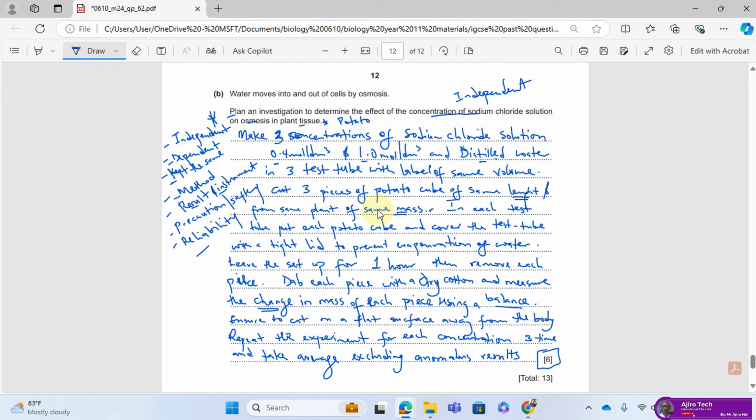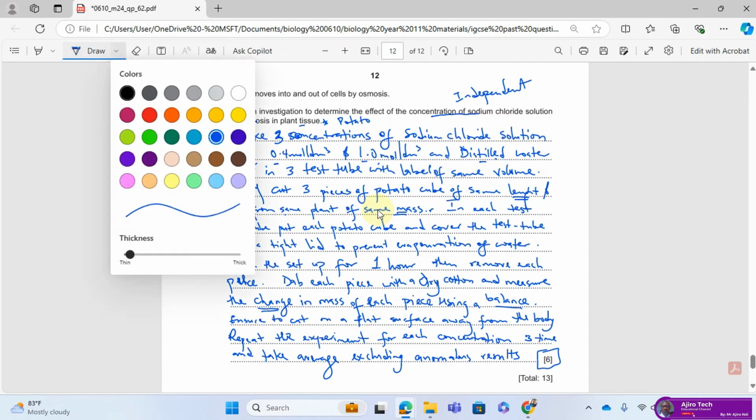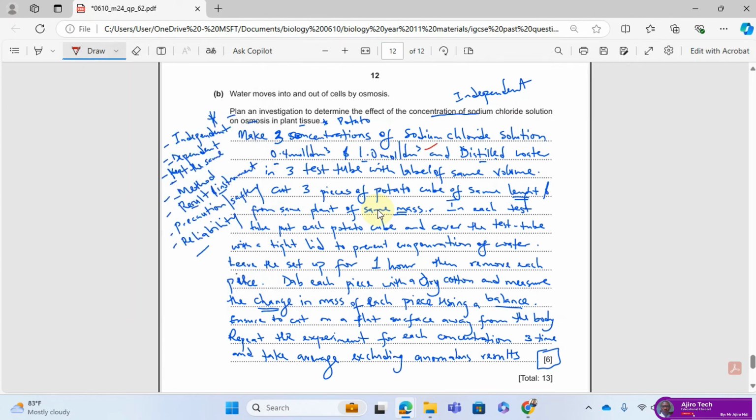So you have the concentrations, independent variable sorted, and how you get it, you have 2 marks there. How you make your potato of same length and same mass, you have 1 mark. The test tube covering with a lid, you have 1 mark for that to prevent evaporation. You also talk about the duration.